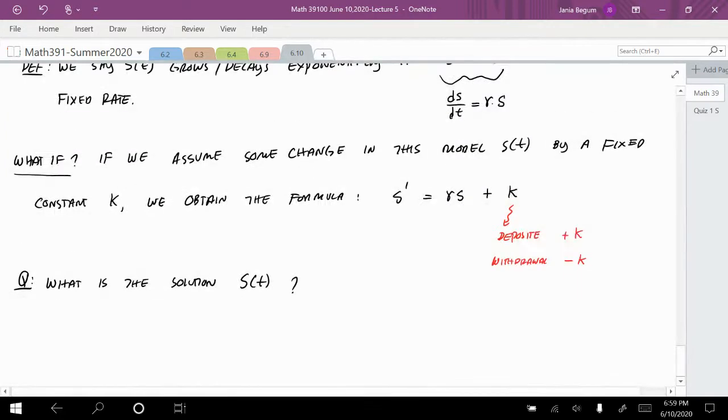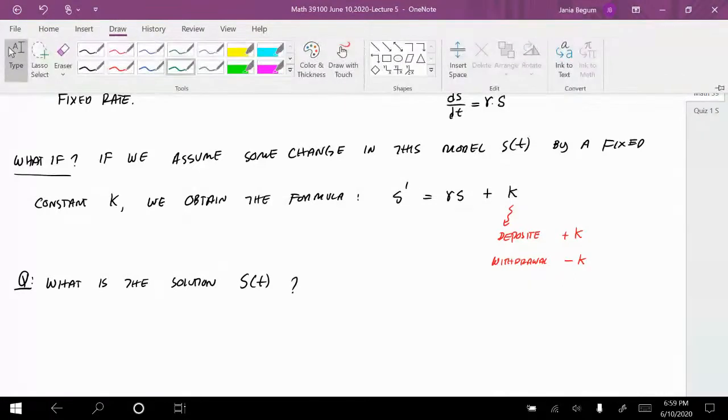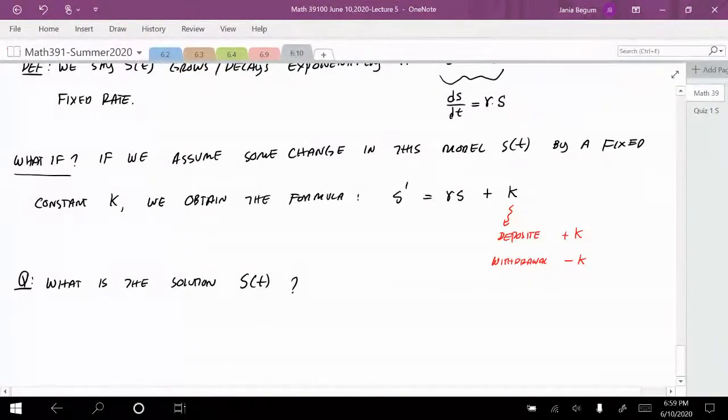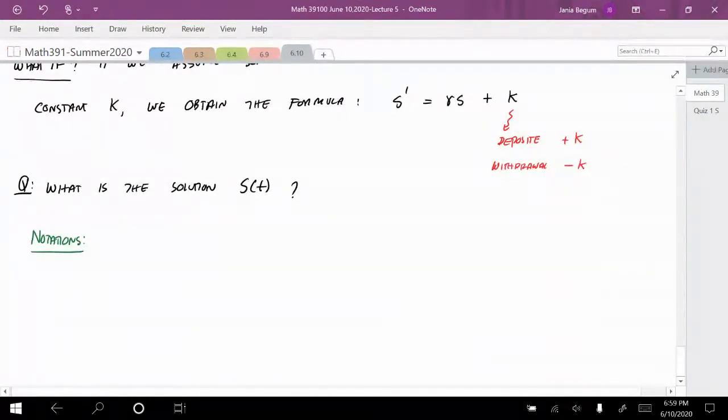So let me give you some notation before I start. Here is some notation you should be familiar with. First, S naught is going to be some deposit in a bank account, right?